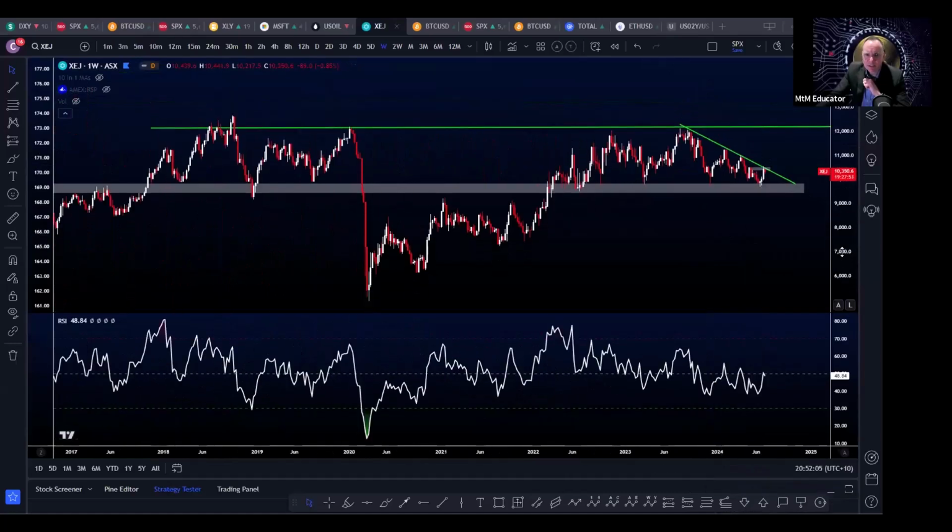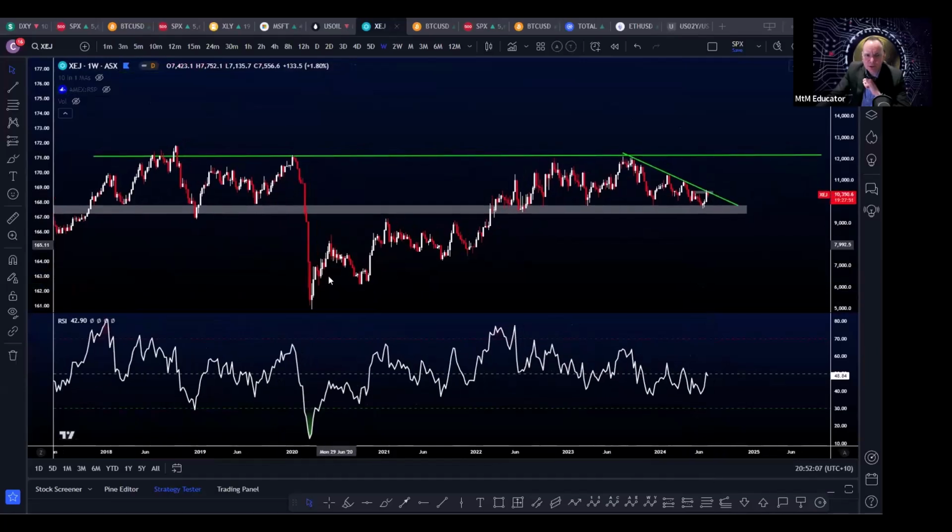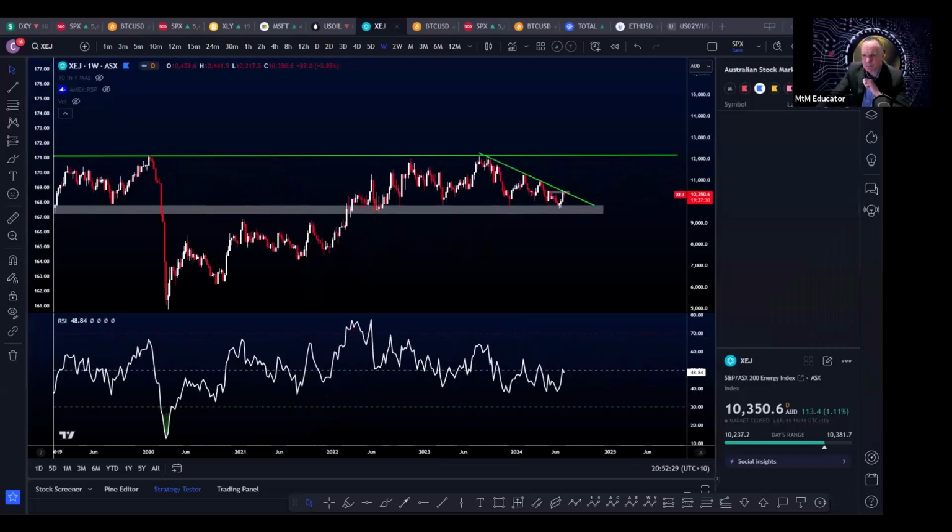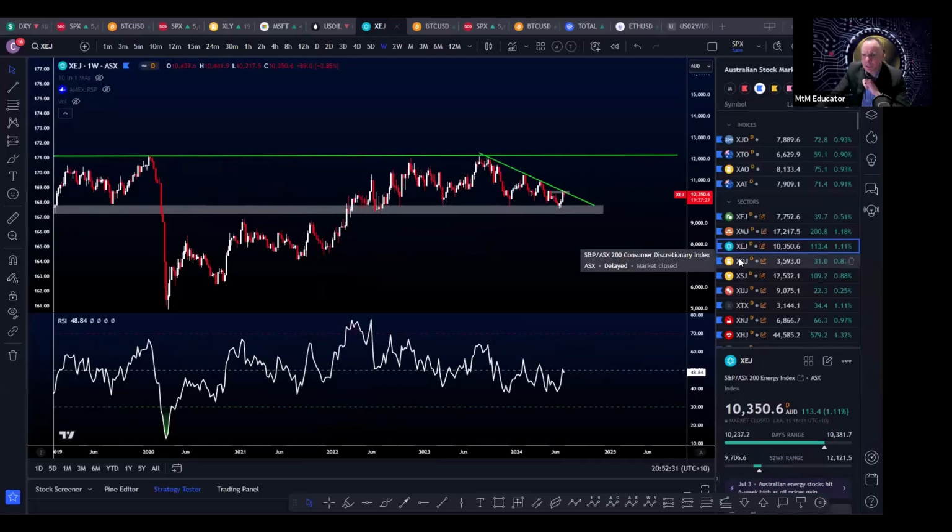If you look at energy, besides the COVID crash and how it battled to get back up above the support, energy has been ranging in this range since 2017. So we've got 7 years of consolidation in energy. We're really looking to see if we can get a punch through here, breaking this trend line and starting to see some good moves on some energy stocks.